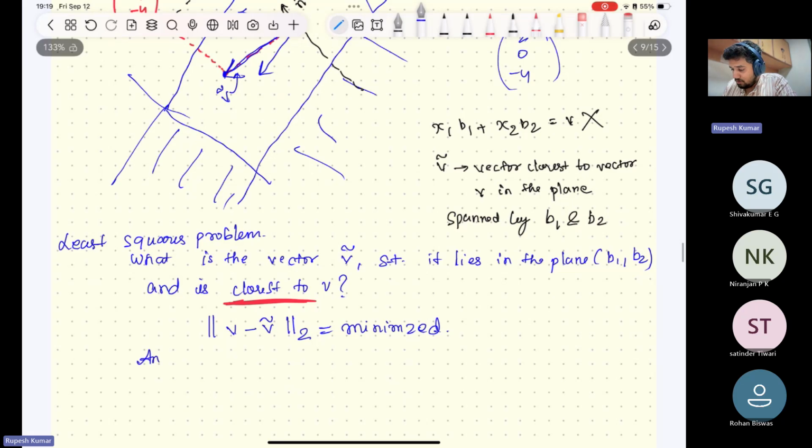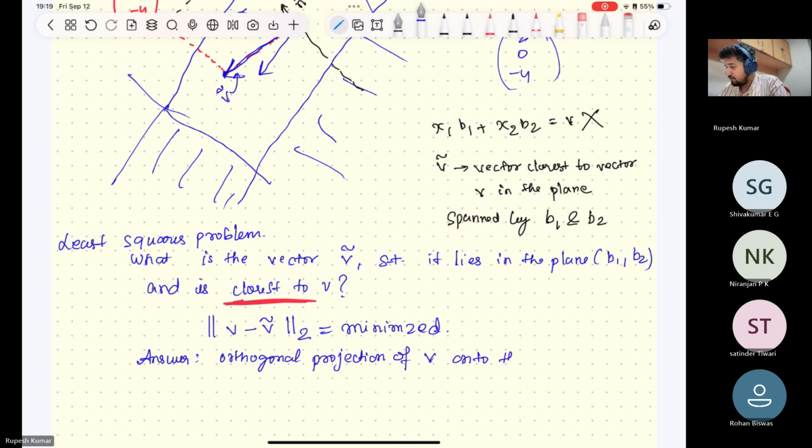So the answer is the orthogonal projection. Projection can be of multiple kinds. The orthogonal projection of V onto the space spanned by B1, B2.